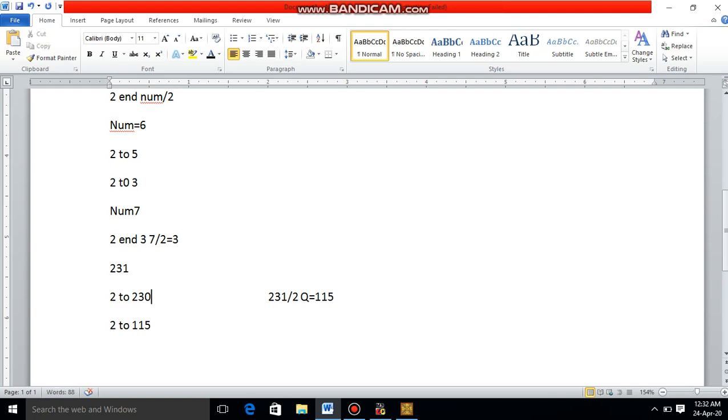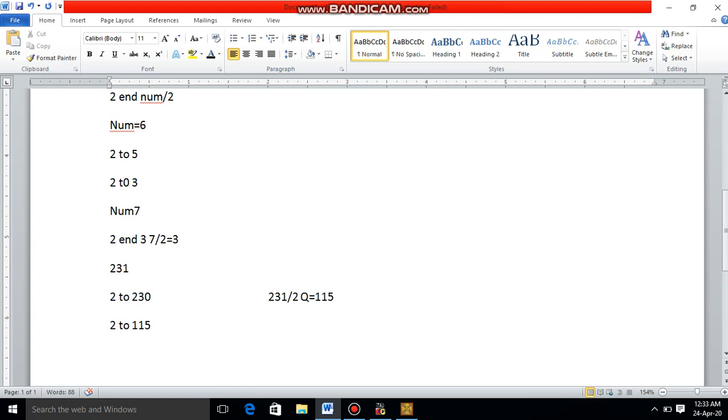In the first case, I am going to start from 2 to 230. That is how many iterations? It will proceed along 228 iterations. But in this case, the number of iterations is considerably reduced.